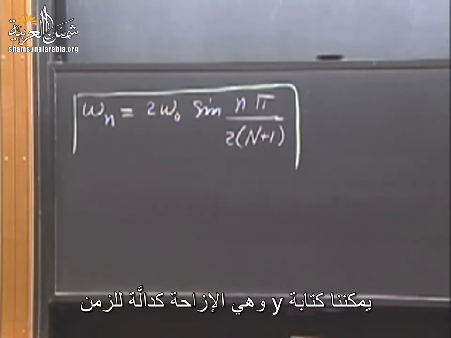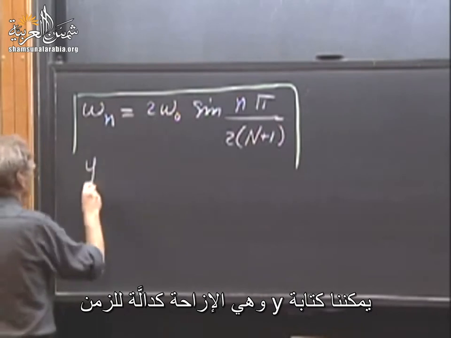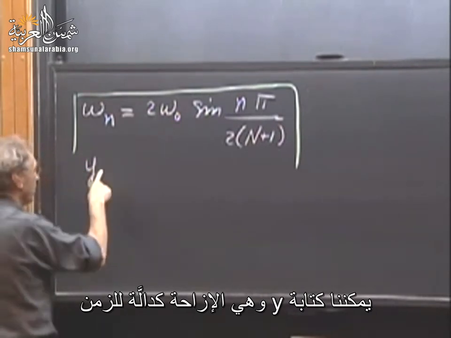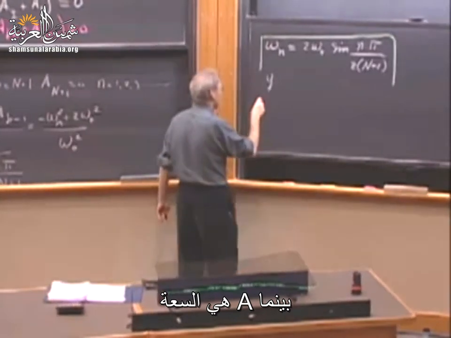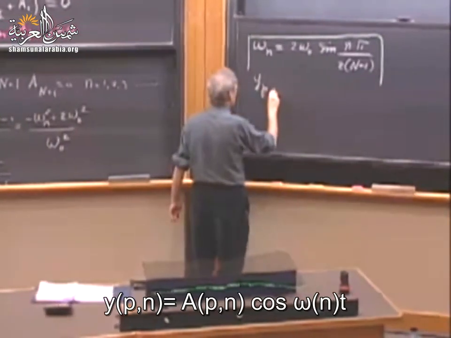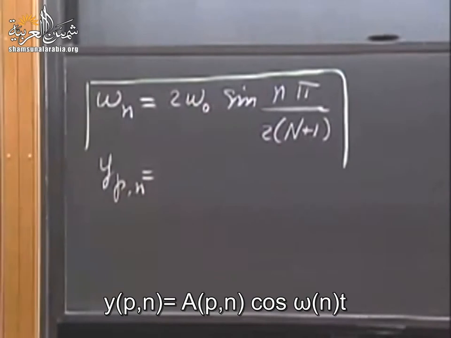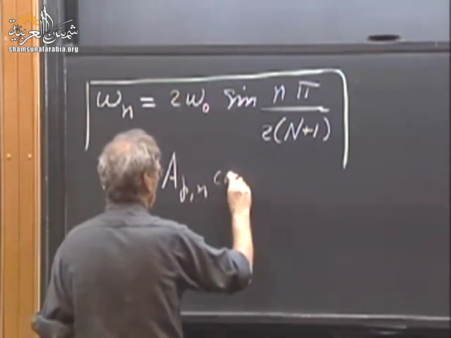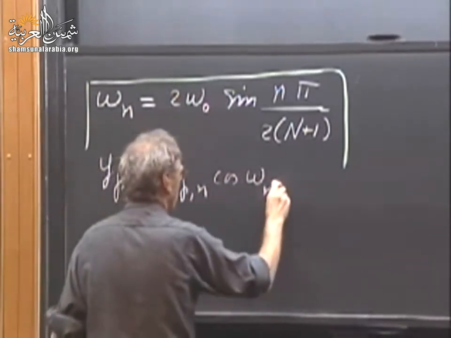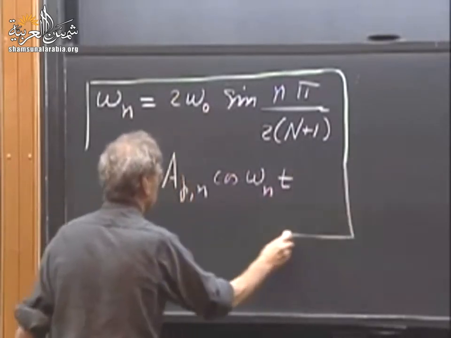And so you can write down now that y, which is the displacement as a function of time, a is amplitude, y is displacement for particle p in mode n. And now we can put in the amplitude that we know, that is the Pn amplitude, a, p, n, and now it's going to oscillate with cosine omega n times t.